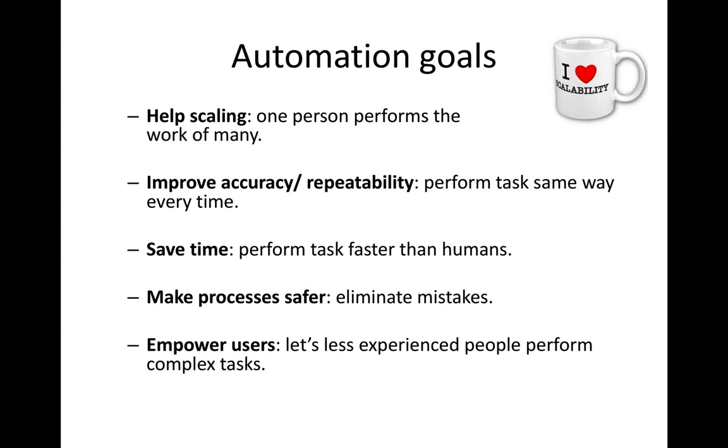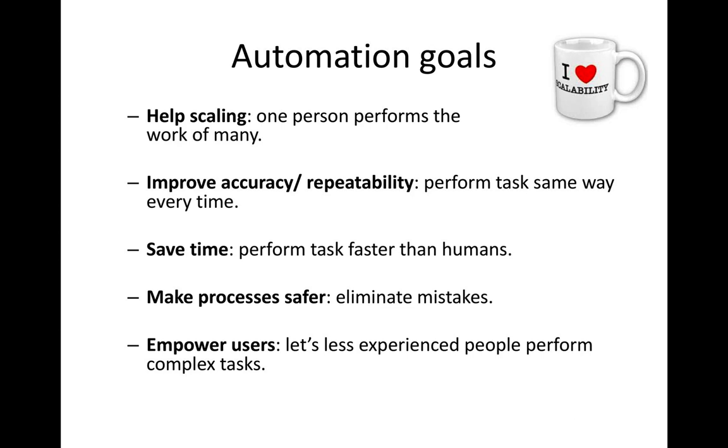Well, so why do we automate things? There's a number of reasons that we might choose to automate our processes. We might automate our processes in order to scale the work that we want to perform in our environment. Automation allows one person to perform the work of many because I can have somebody who creates a software script that automates and performs a task.